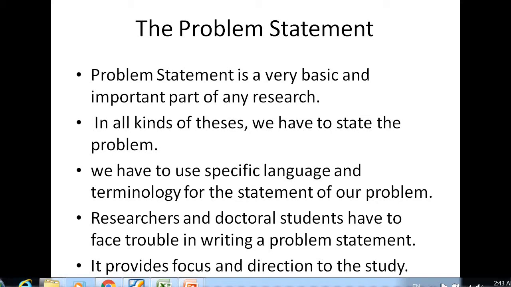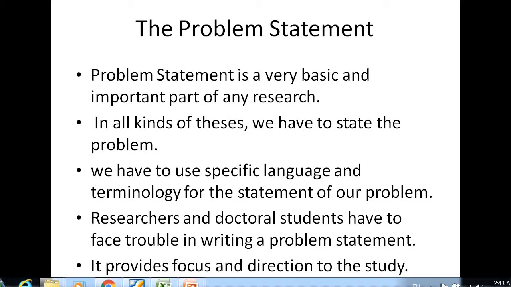Researchers and doctoral students have to face trouble in writing a problem statement. So why are we trying to teach you how to write a problem statement? Because it has been a common observation that most of the researchers and even the doctoral students doing their PhDs have to face trouble in writing a problem statement.